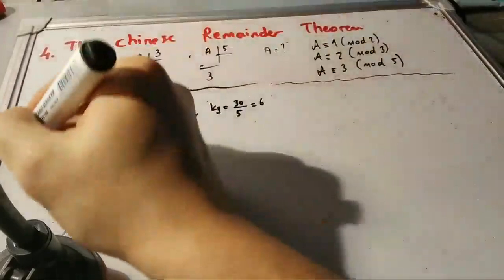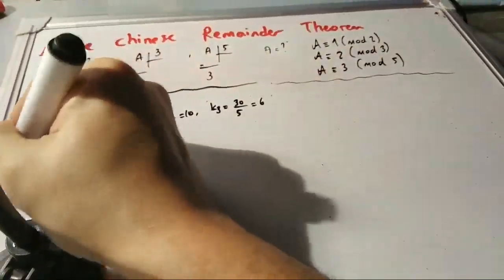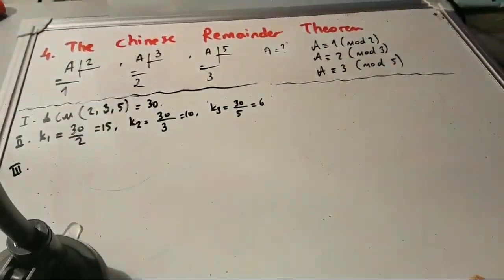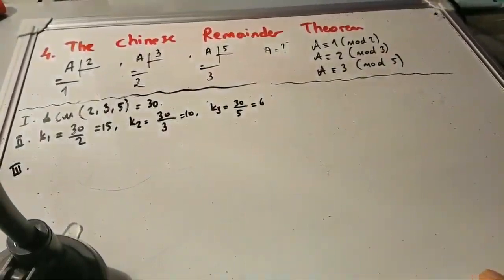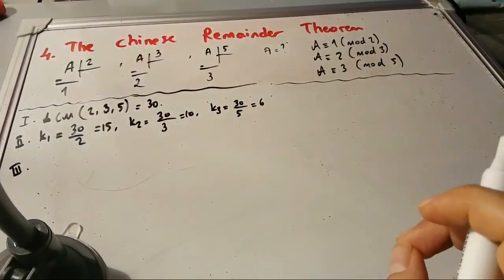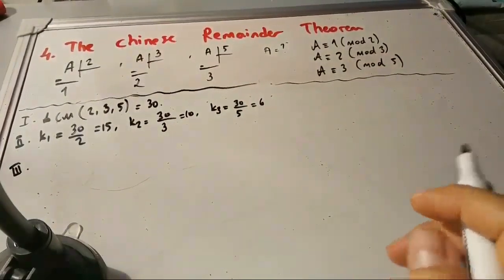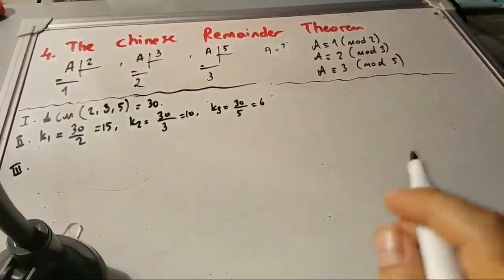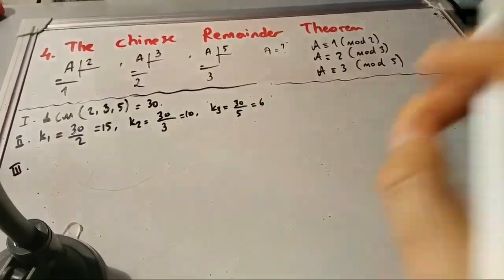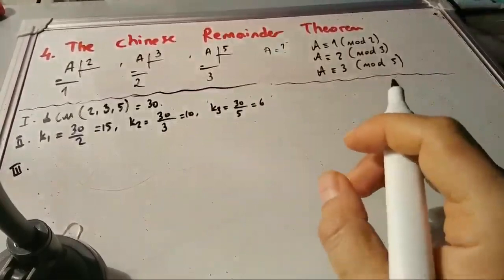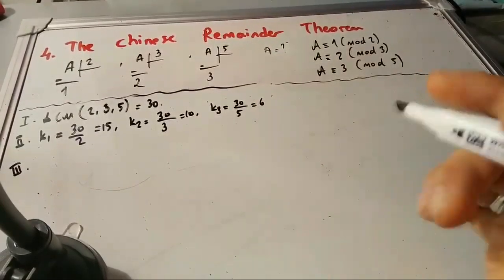For the next step, we write K1 times C1 is congruent to 1 in mod b1. You can compare it.